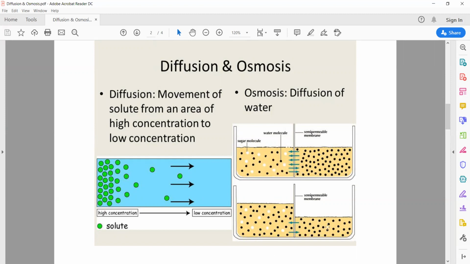And you'll see that here on the bottom picture, where now the water has been equalized and there is equal movement of water back and forth, because the particles in solution are not still. They're constantly moving around, but you're wanting to know what the net movement is. So it's almost like a subtraction problem. If you have four particles moving left and six particles moving right, then your overall movement is to the right. You have more particles moving that direction. So net movement is what we're concerned with here.